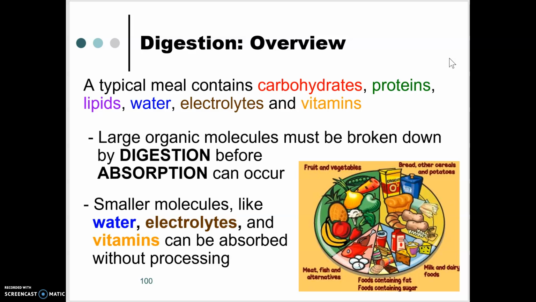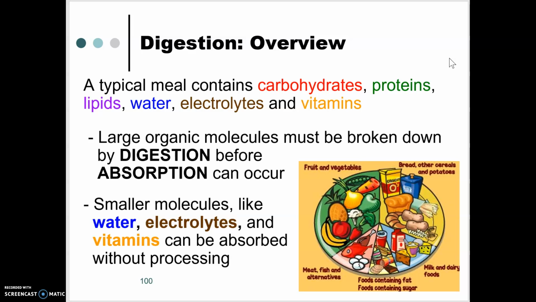The first thing, of course, that we need to do is break those larger molecules down. We won't be able to absorb them as they are. And this is where we're going to get our physical digestion, so mashing them up, increasing the surface area. And it's also where we're going to get our chemical digestion, coming into contact with enzymes so that we can break chemical bonds. So that's going to fall under the category of digestion.